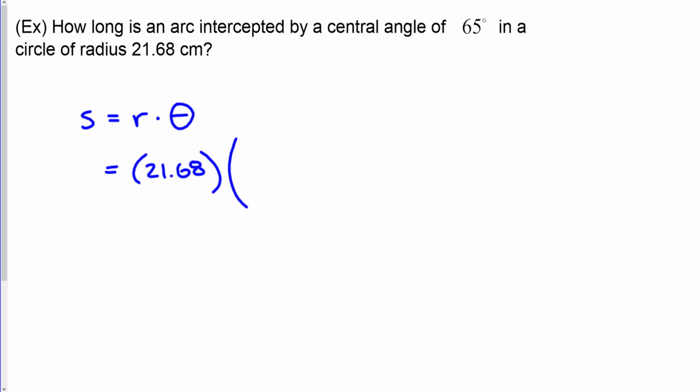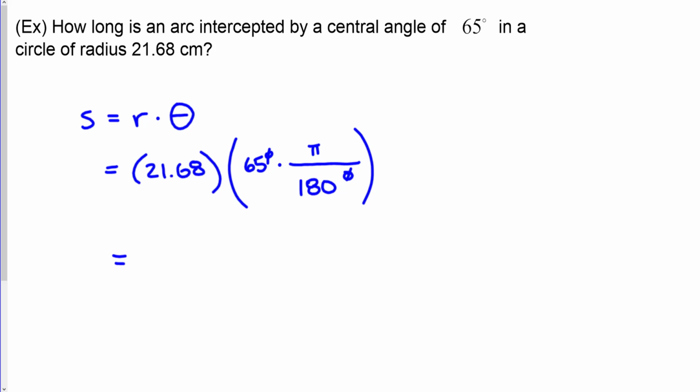So I need to convert that. So I'll say 65 degrees times, I want the degree to go away, so I'm going to put the 180 in the denominator. And it doesn't specify that I need exact answers, so I'm just going to multiply and approximate the value of pi.